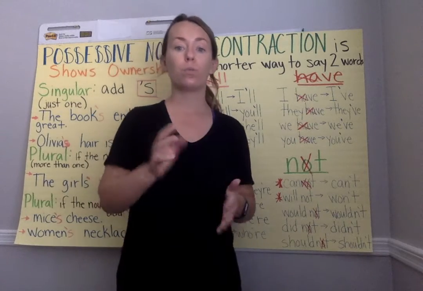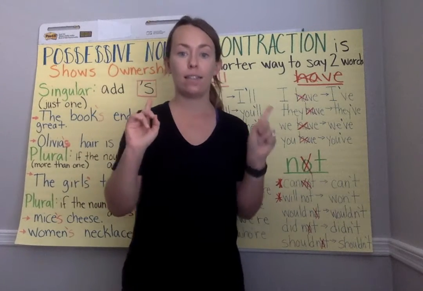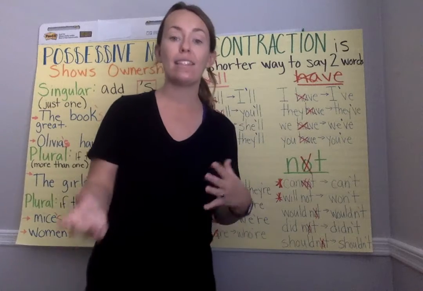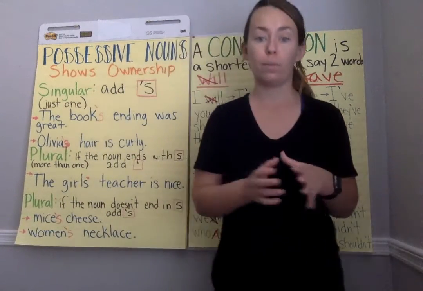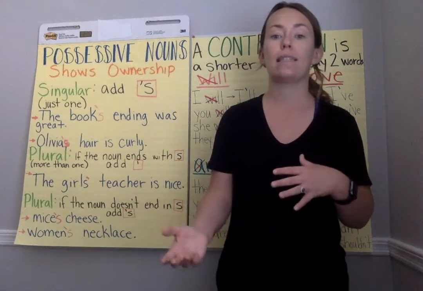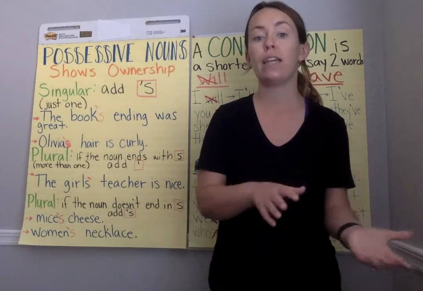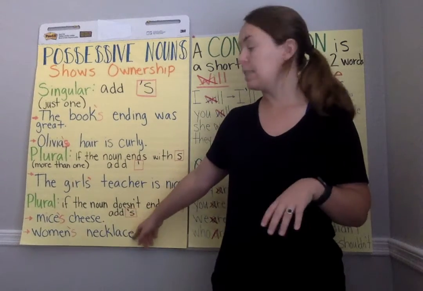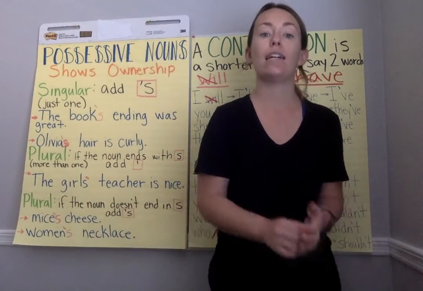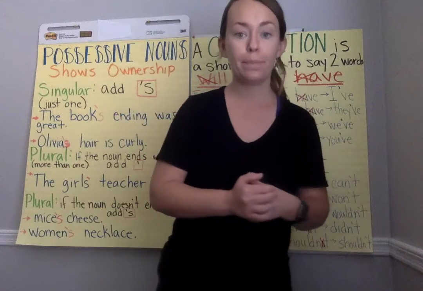Now, we're going to review really quickly possessives and contractions, just so we remember the difference between the two. Possessives show ownership of something. So usually this means that we're dealing with the apostrophe S, S apostrophe, or for the plurals down here, again, it's the apostrophe S, but it means more than one, okay?